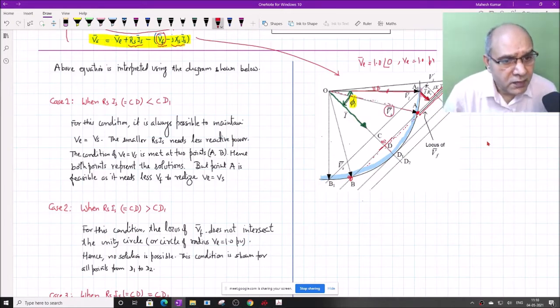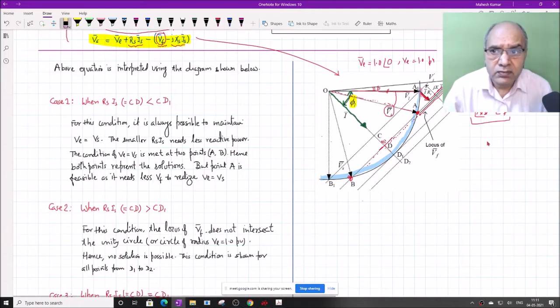But you may say, BS lags BL. BS having negative angle with respect to BL, then how can power flow from BS to BL? Then the answer is BF, because the effective source is actually BS plus BF. Although individually BS has a negative angle, you have to add them on a phasor basis, then you find BS dash.